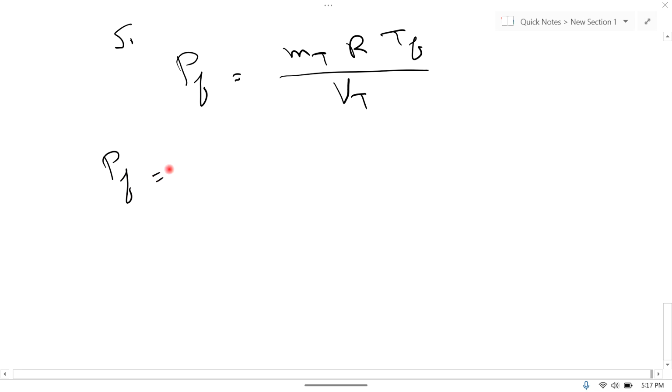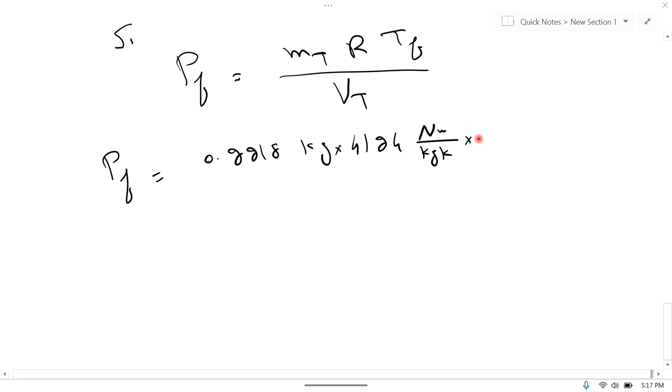So total mass is equal to 0.2218 kilogram. The value of R is 4124 joule per kilogram per Kelvin. Joule is equal to Newton meter per kilogram per Kelvin.